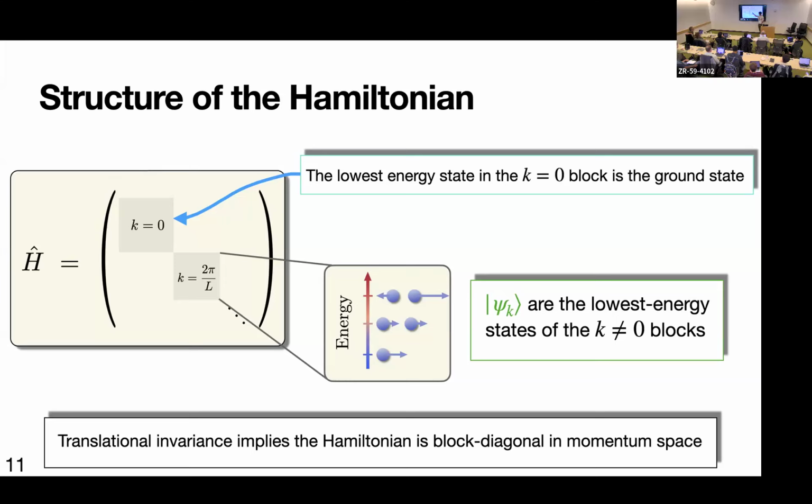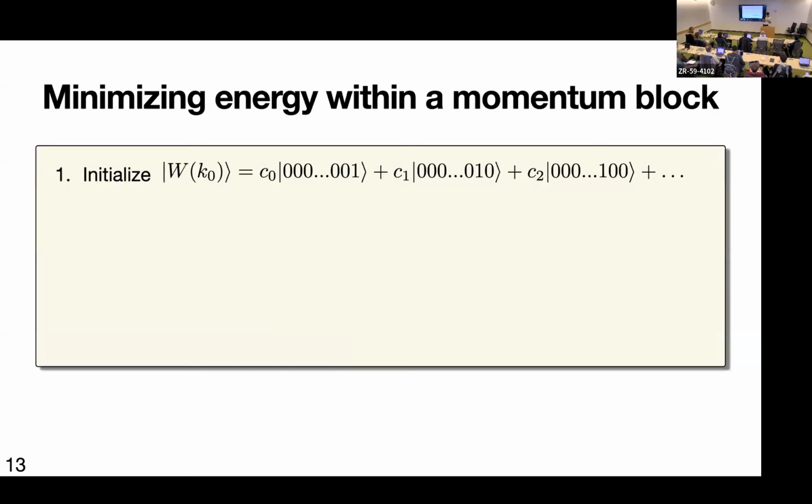But more generally, if we look at excited states in these blocks, they could be multiple particles of different relative momentum. But because we can identify these psi k's as being the lowest energy states, it motivates that perhaps there is a way of rephrasing the state preparation in terms of energy minimization. And that's exactly what we're going to be able to do.